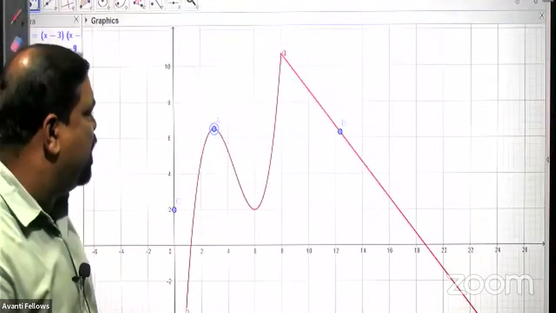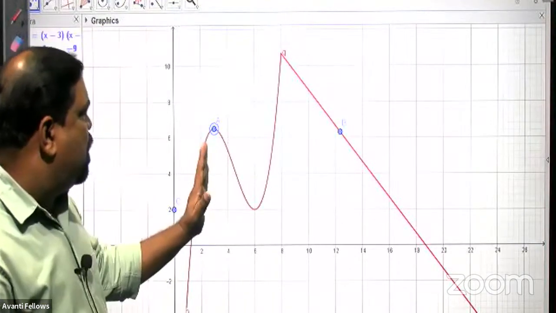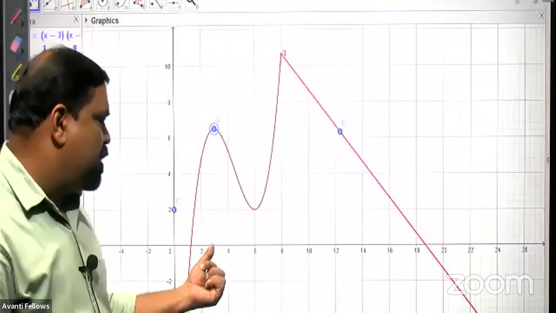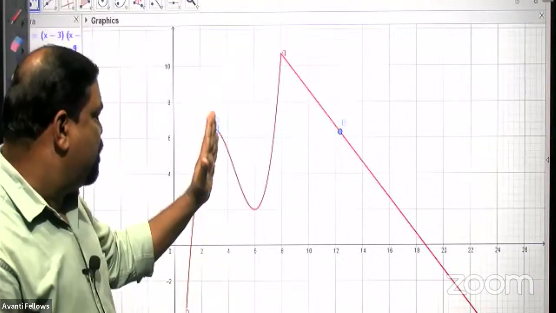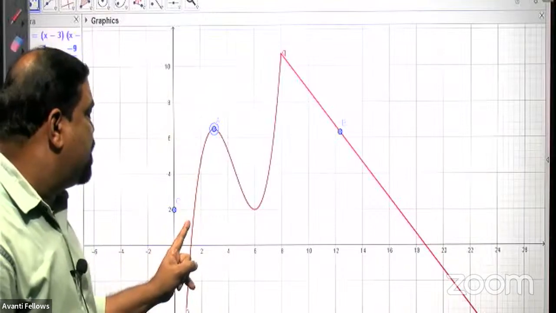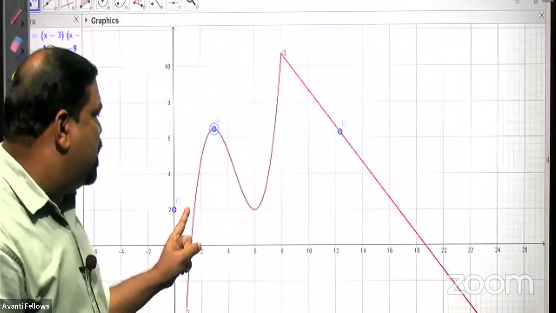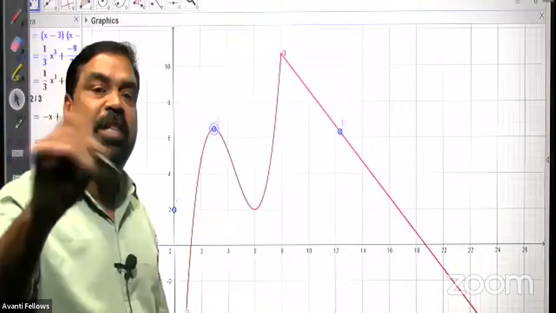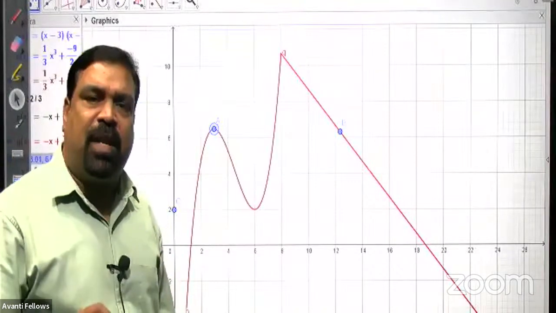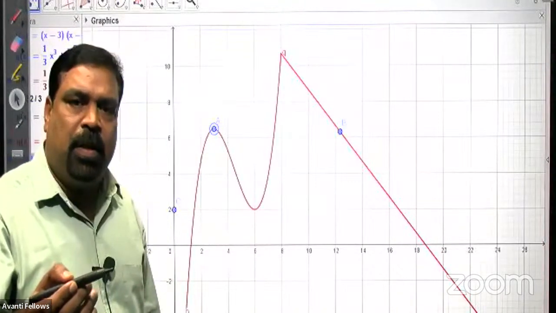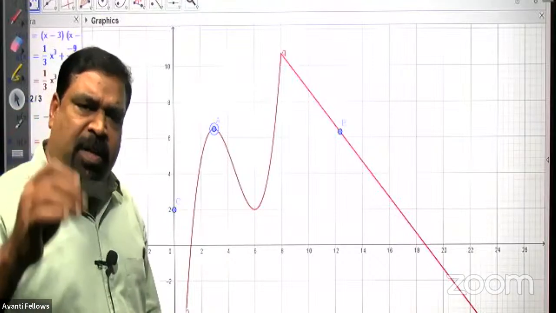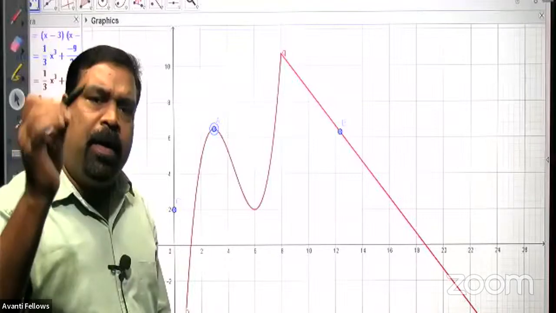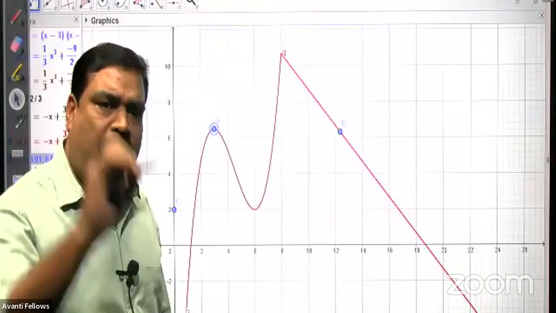What you can observe very clearly is that just on the left side of that critical point, that is 3 actually, the function is of strictly increasing nature. Increasing function means what? We know when we say that a function is strictly increasing, the derivative must be positive.